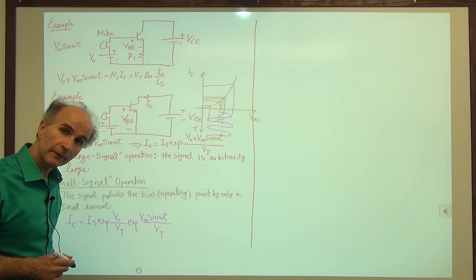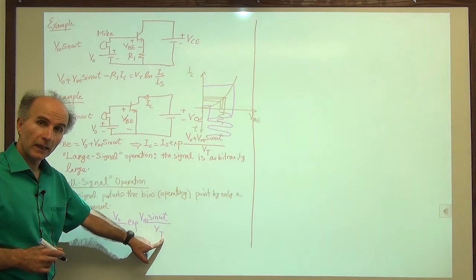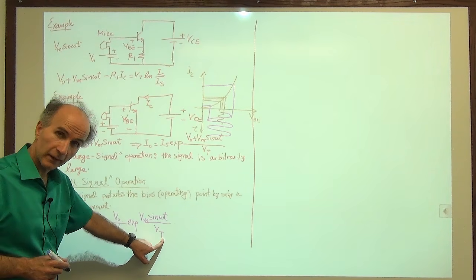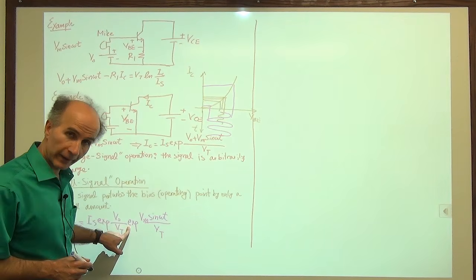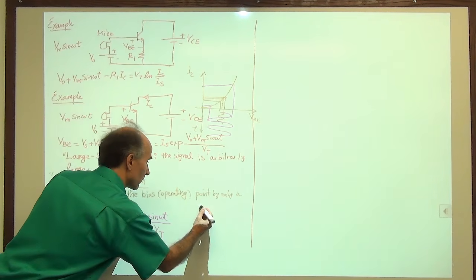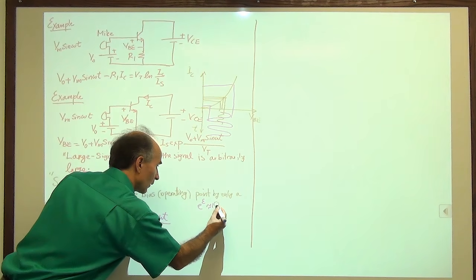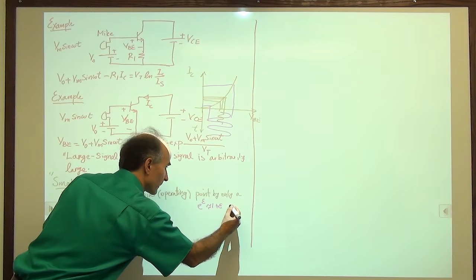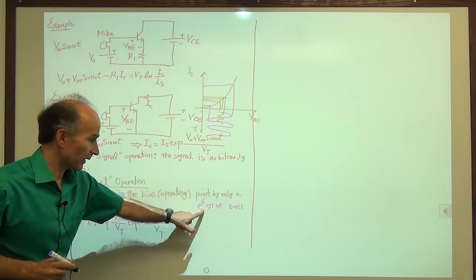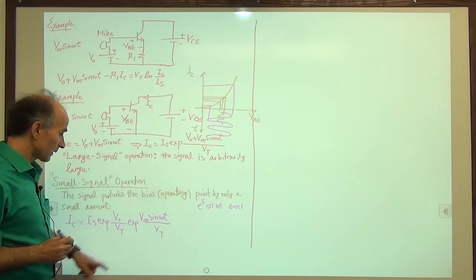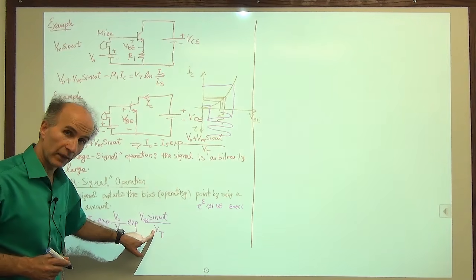Now, what I would like to do is assume that this argument is much less than 1, because I know that e to the epsilon is approximately equal to 1 plus epsilon if epsilon is much less than 1. So I would like to use this approximation, which means I would like to assume that this term is much less than 1.